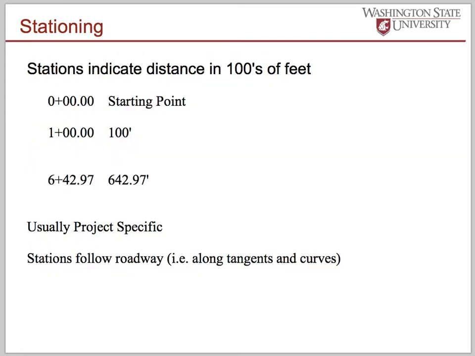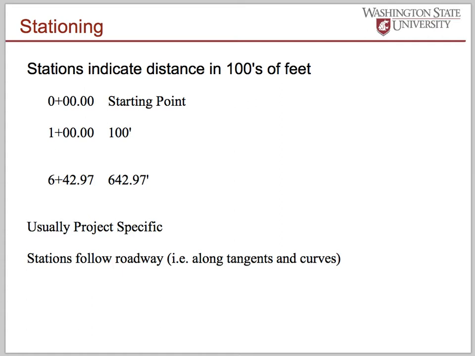Stationing is a measure of hundreds of feet. If we're on the road between Pullman and Spokane, doing a job on the highway there, the starting point for that job over a certain section of highway we would set as 0+00. That just means 0 feet, and then we would move to 1+00, which is 100 feet.